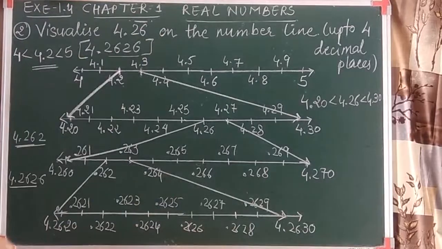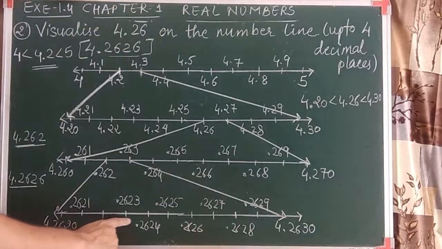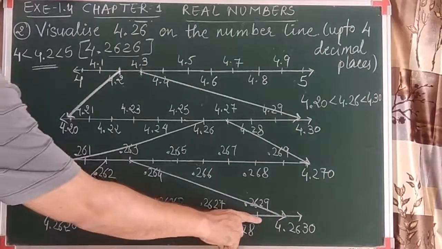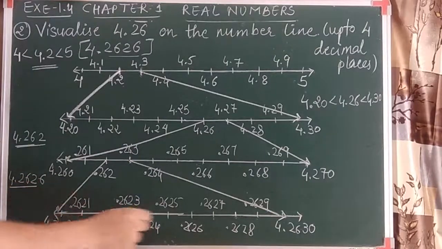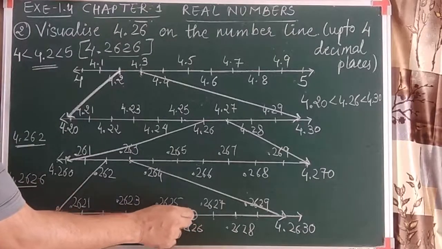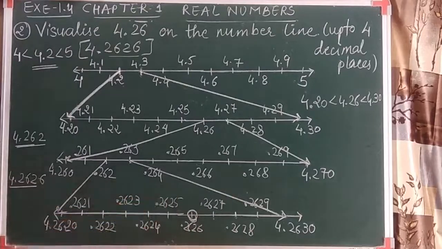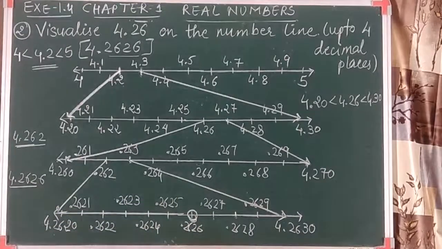We can see again 10 divisions: 1, 2, 3, 4, 5, 6, 7, 8, 9, 10. So at last we reach our answer, the 4 digits we require, 2626. This is the number we require. Fine. So this is called the successive magnification method to represent a number.